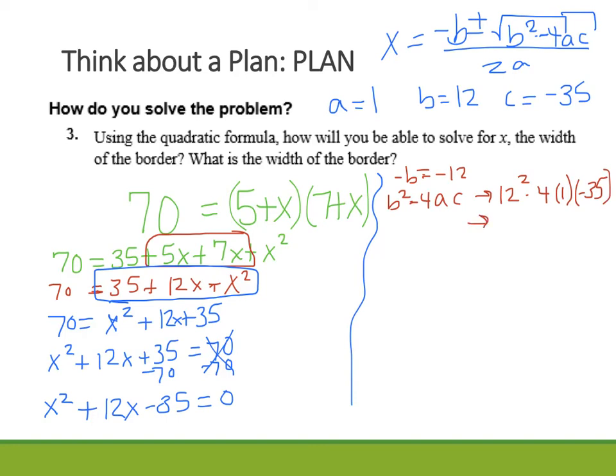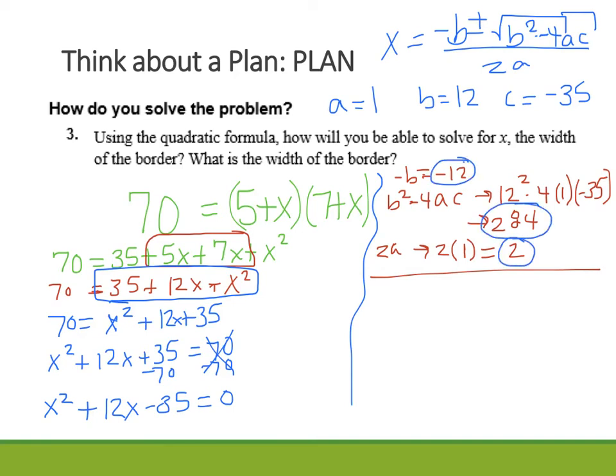And if you plug that into your calculator, you should get 284. And then 2 times a is going to be 2 times 1, which is 2. So what I've got here is my negative b, my discriminant, and my 2a. So let's plug it into the formula.